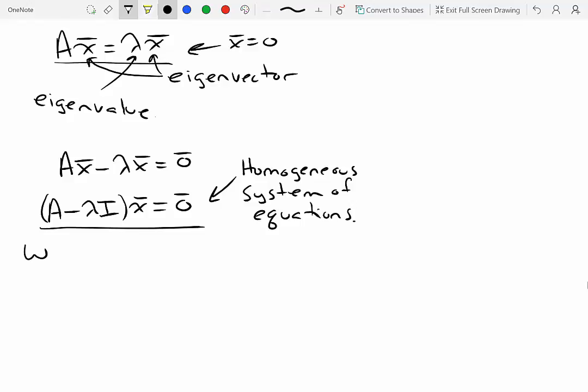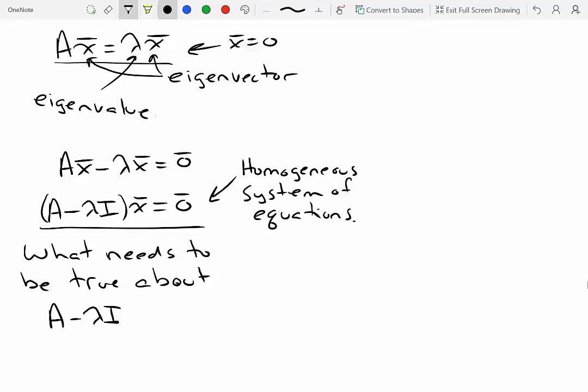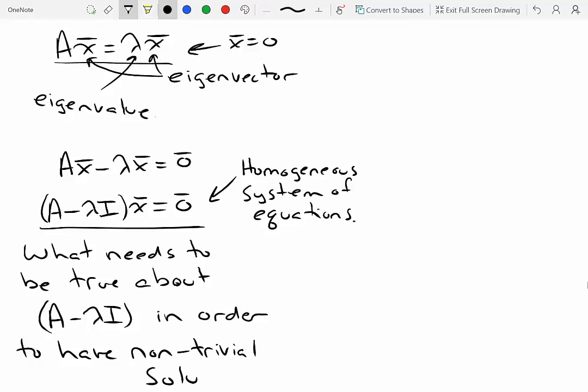So the question becomes, what needs to be true about the coefficient matrix, which notice that the coefficient matrix is A minus lambda I? So what needs to be true about that in order to have non-trivial solutions?